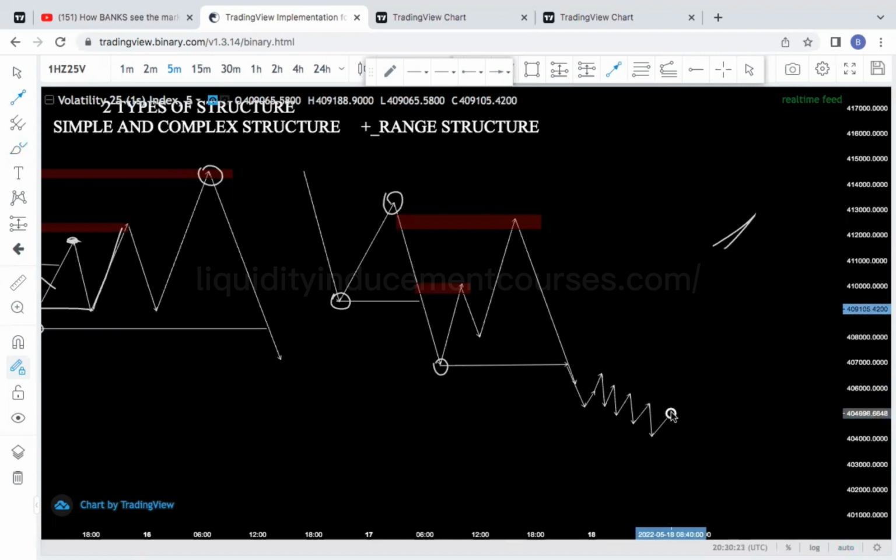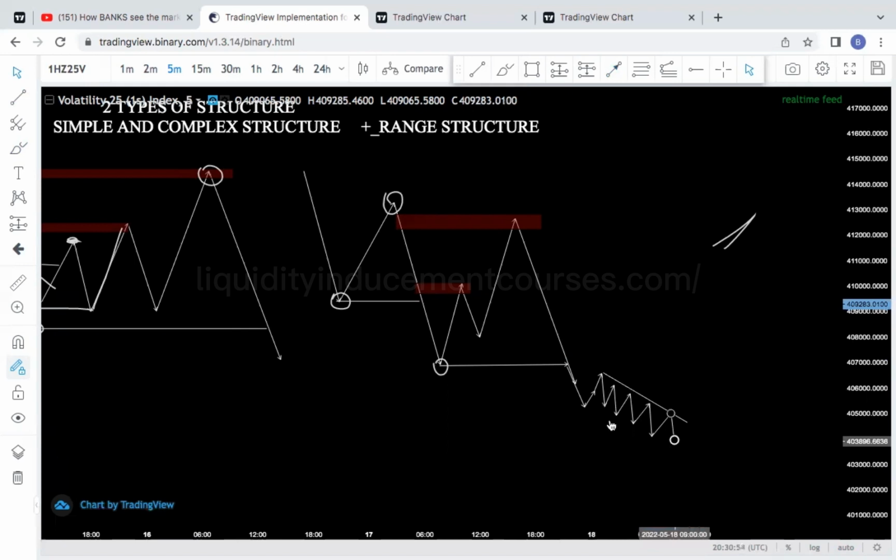And mind you, without liquidating or retesting anything inside of here, it forms a range structure, creating liquidity, and then takes price away from the zone. This formation of price that happens outside of our external and major structure becomes our range structure.